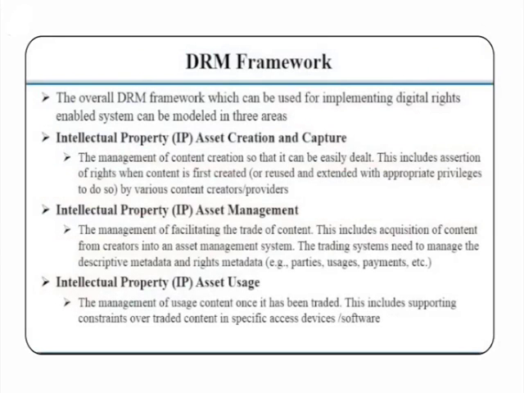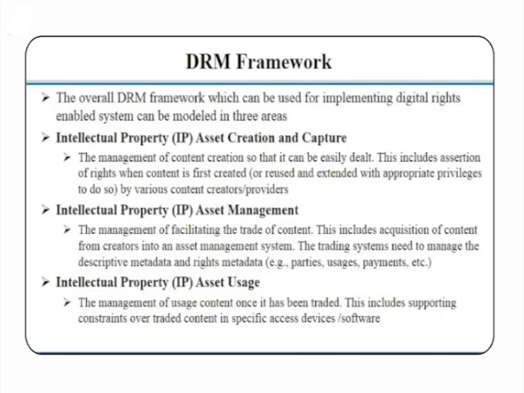The overall DRM framework, which can be used for implementing a digital rights enabled system, can be modeled in three areas, that is, intellectual property asset creation and capture, intellectual property asset management, and intellectual property asset usage.